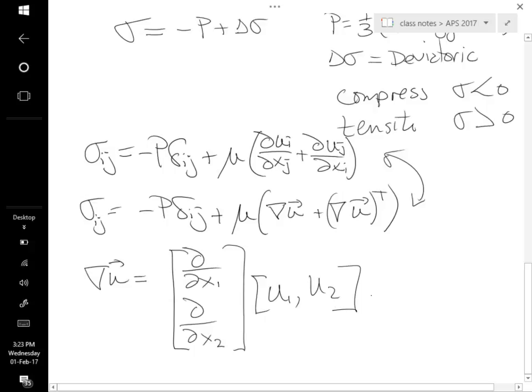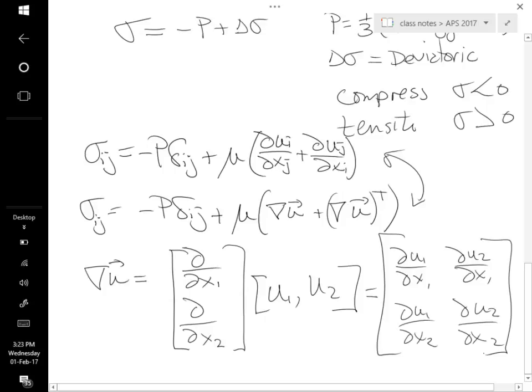Doing that operation out, this gives us that matrix, and then if we take the transpose, we'll switch these two. And so I think that you can see hopefully now that these two forms are equivalent.